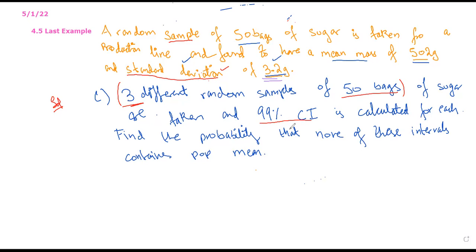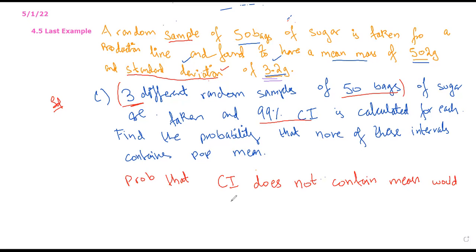This 99% confidence interval implies that the probability that the confidence interval does not contain the mean would be, if 99% is the probability, 1%.